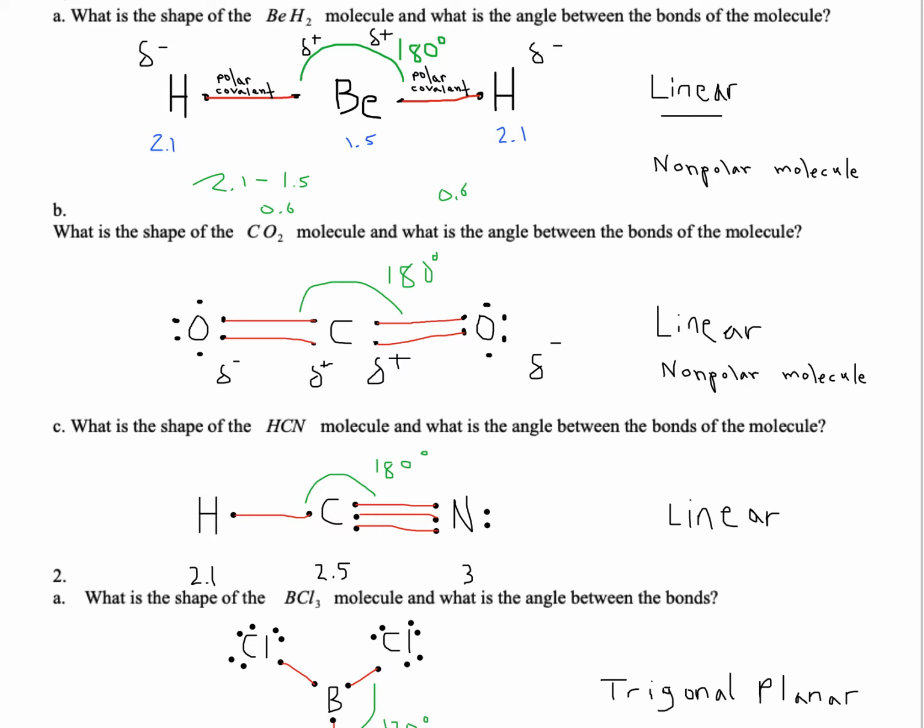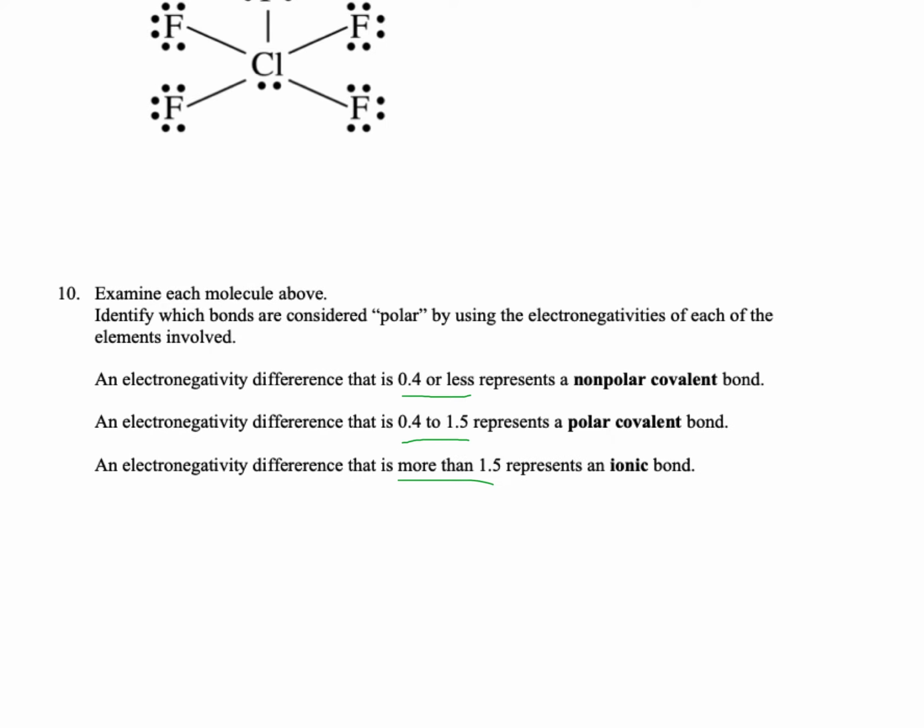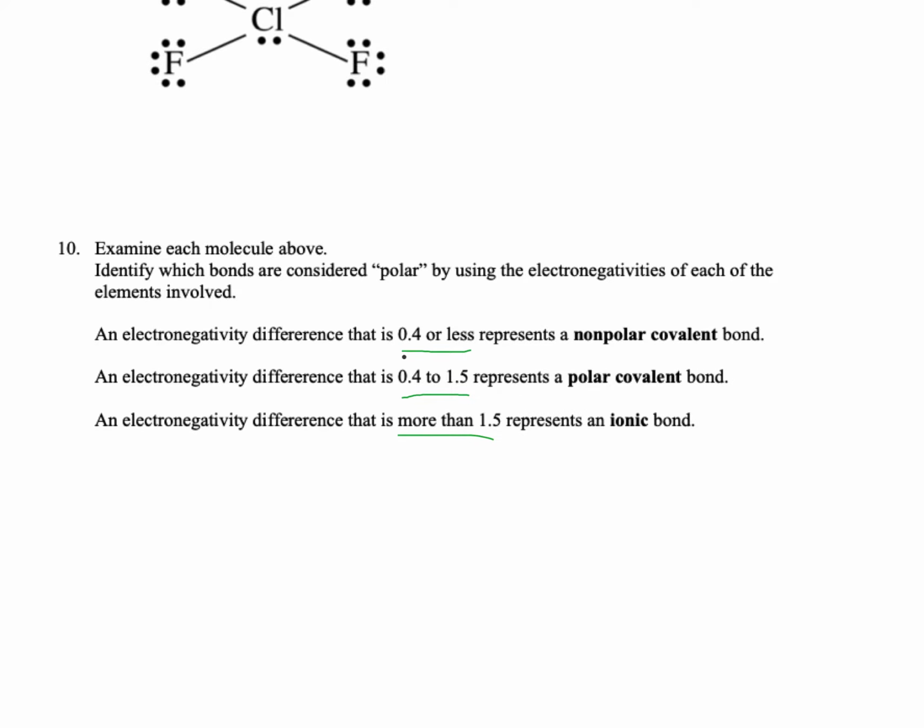So it looks like the bond between carbon and hydrogen would have a difference in electronegativity of only 0.4. And according to the general rule of thumb, if we have a difference that's 0.4 or less, we will not consider that polar. It's going to be called nonpolar.